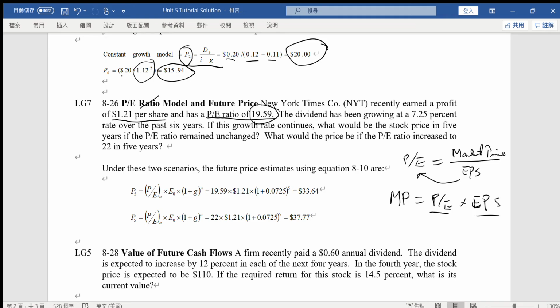Now we want to know what the market price of the stock will be 6 years later. Because of that, we need to convert this earnings per share to year 6. This is year 1, and we want to work out the year 6 value, so we multiply by the constant growth rate to the power of 5, and then we can work out that the stock price in year 6 will be 33.64.